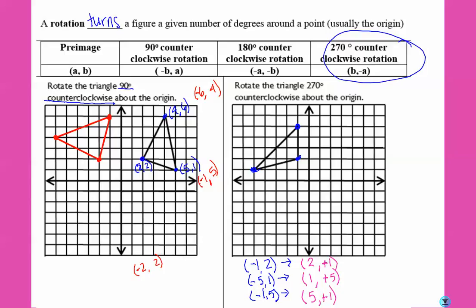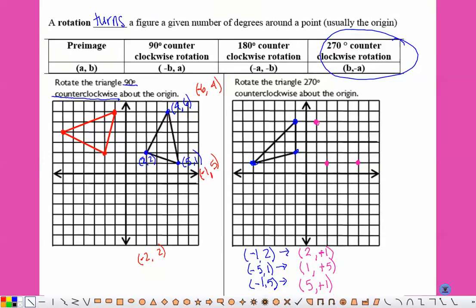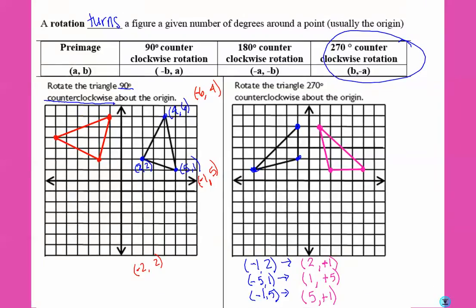So now we can plot them. 2, 1, 1, 5, and 5, 1. That's what would happen if we took our triangle and turned it 270 degrees counterclockwise. So we're going to spin it all the way around to here.